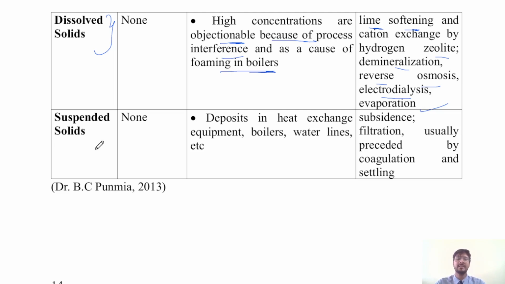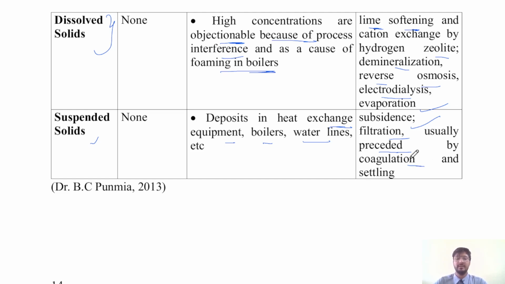The last one is suspended solids. Suspended solids deposit in heat exchange equipment, boilers, and water lines. They can be removed through subsidence. Also, they can be removed by filtration, usually preceded by coagulation and settling.